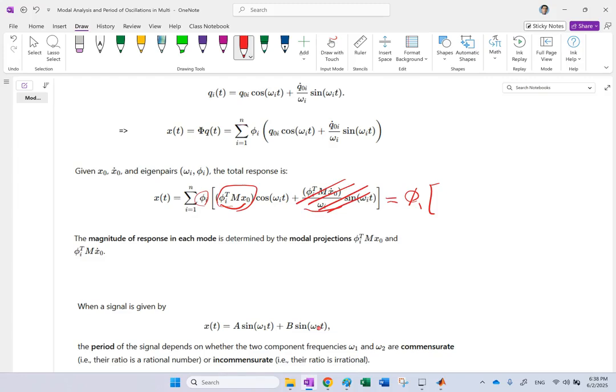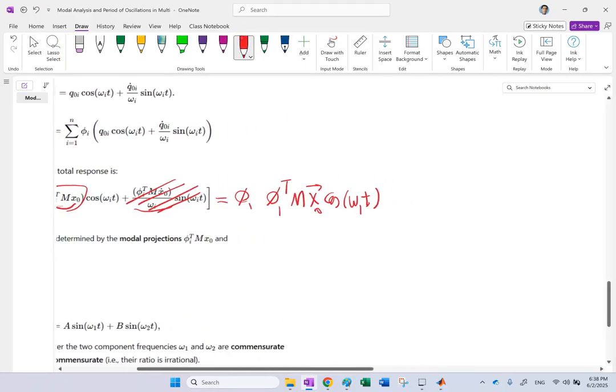So that is going to be phi 1, and then here is going to be phi 1 transpose times m times vector x0, and this is times cosine of omega 1t, and I don't even need this.